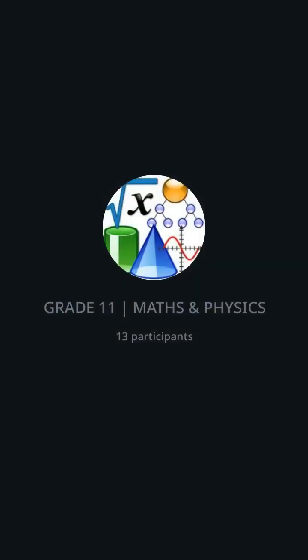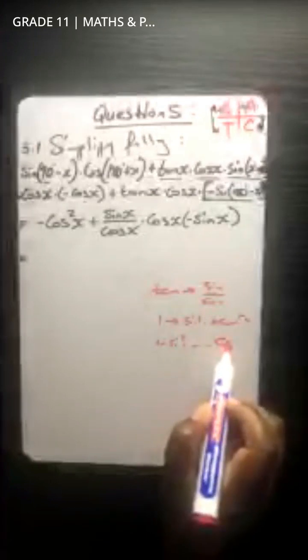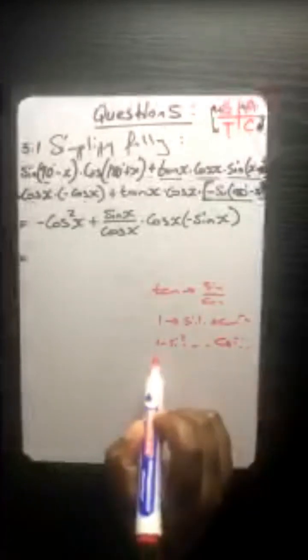If you have 1 minus sine squared something, you can still write it as cos squared something, or otherwise 1 minus cos squared something. So every time when you either simplify or prove, you just don't want to be seeing tan. When necessary, you want to replace 1 with that sine squared plus cos squared. So let's see.